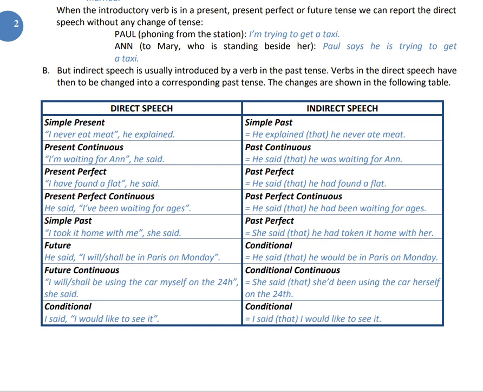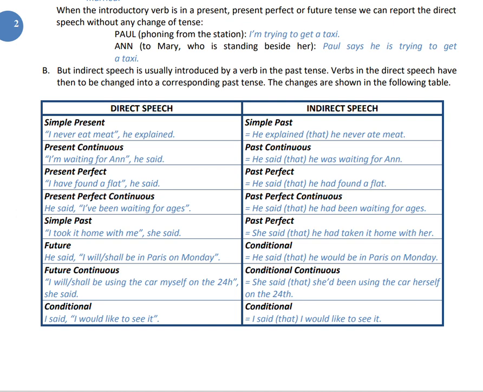In indirect speech, it is said as simple past: He explained that he never ate meat. So in indirect speech, it goes to simple past.